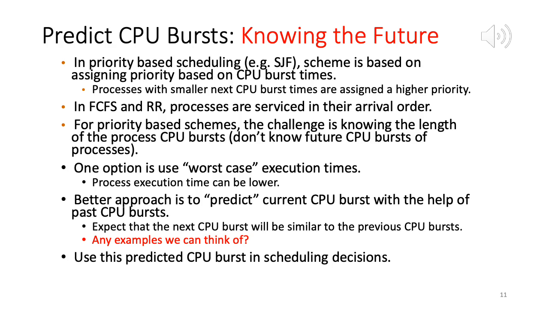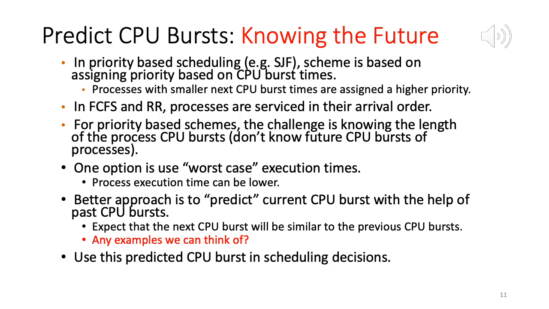Maybe we can expect that the next CPU burst will be similar to the previous CPU bursts. If you're looking at a database search, every search is a search on the same database, so it might take the same or a similar amount of time. Then we use this predicted CPU burst in making scheduling decisions.